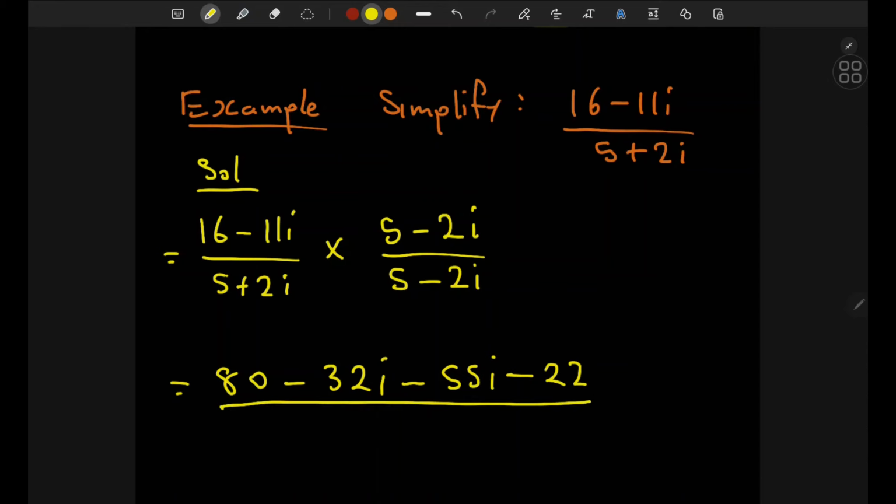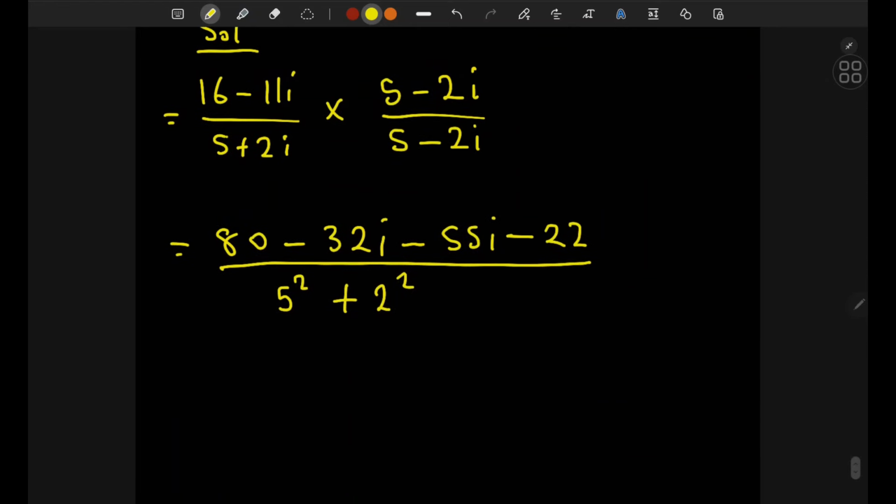So making the 22 a negative. Then on the denominator, remember, these are conjugates. So we just square 5. 5 squared is 25. Okay, let's just show the steps so that we all get it. So we have 5 squared and we add it with the coefficient of the i, which is 2. So we have 2 squared. Simplifying the numerator, we have 80 minus 22, that is 58.